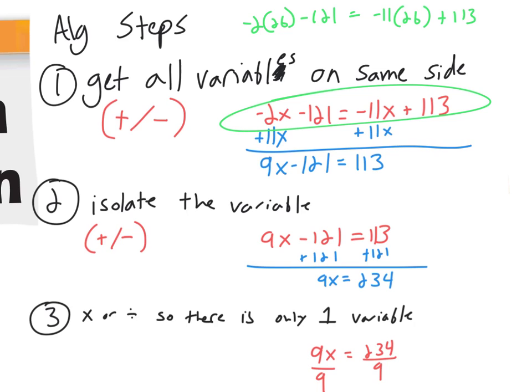So if we use our calculator, negative 2 times 26 minus 121 gives me negative 173. If I say negative 11 times 26 plus 113, I also get negative 173. Therefore, I know I got it right. Make sense?